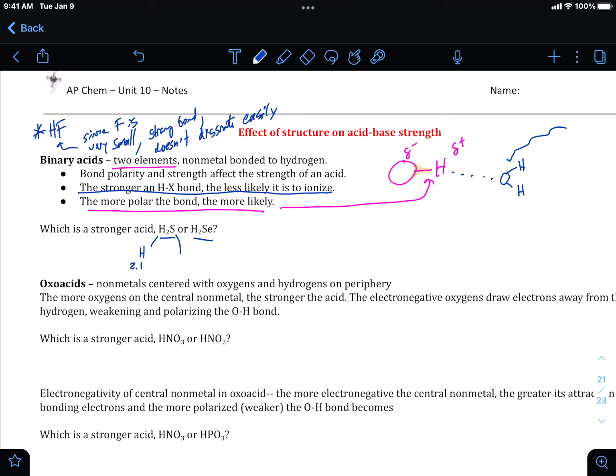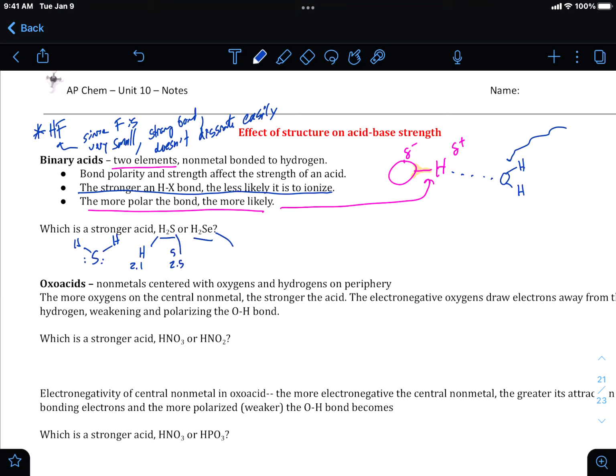Ah, 2.5. Okay, so you have this. But then you have H2Se, right?